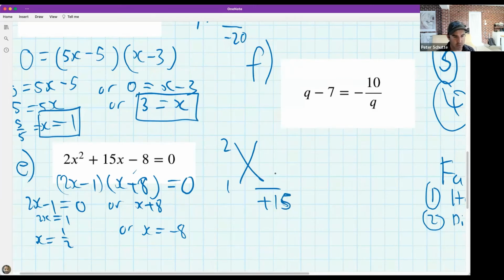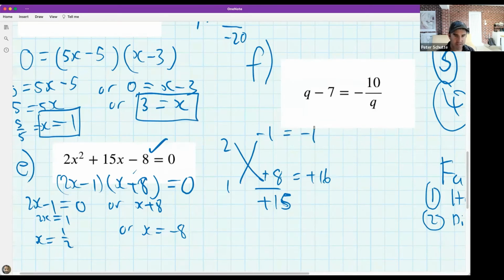The reason I chose 8 is, do you agree that 8 times 1 gives me 8, which is this bit here? What are my other options? My other options are 2 and 4. And I didn't think 2 and 4 would get me to the plus 15. So 2 times plus 8 is plus 16, and 1 times minus 1 gives me minus 1.